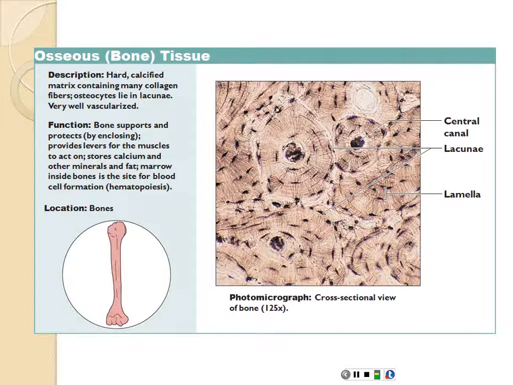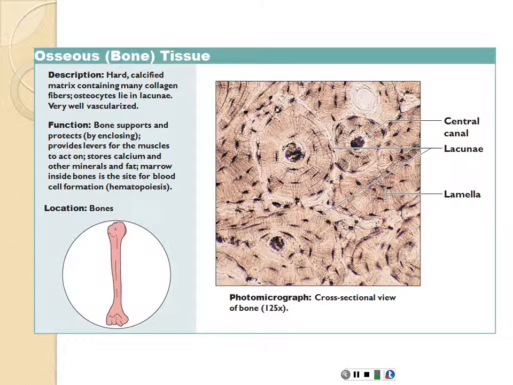And bone tissue is also referred to as osseous. Osse or oste refer to bone. Bone tissue, again, is a connective tissue, but it has a hard, calcified matrix.